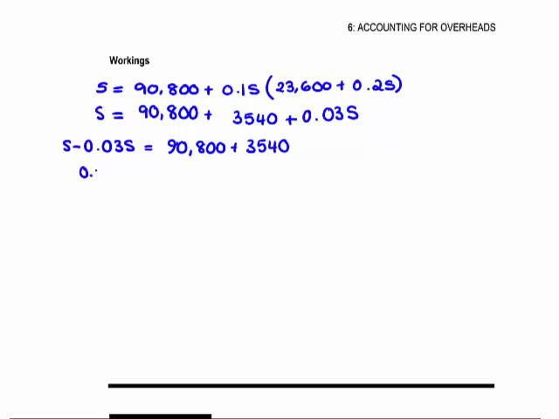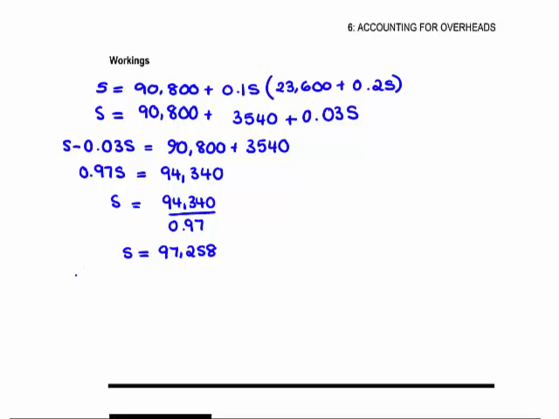So 0.97 S is equal to 94,340. To get S on its own, divide both sides by 0.97, and you end up with S equal to 97,258. And that's going to be the total amount that will get transferred out of the stores department.